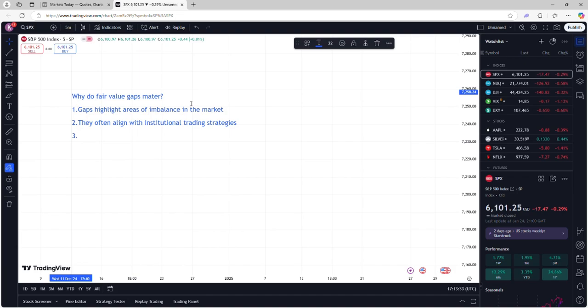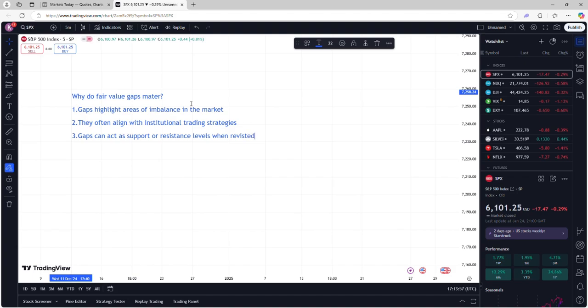And last but not least, gaps can act as support or resistance levels when revisited.